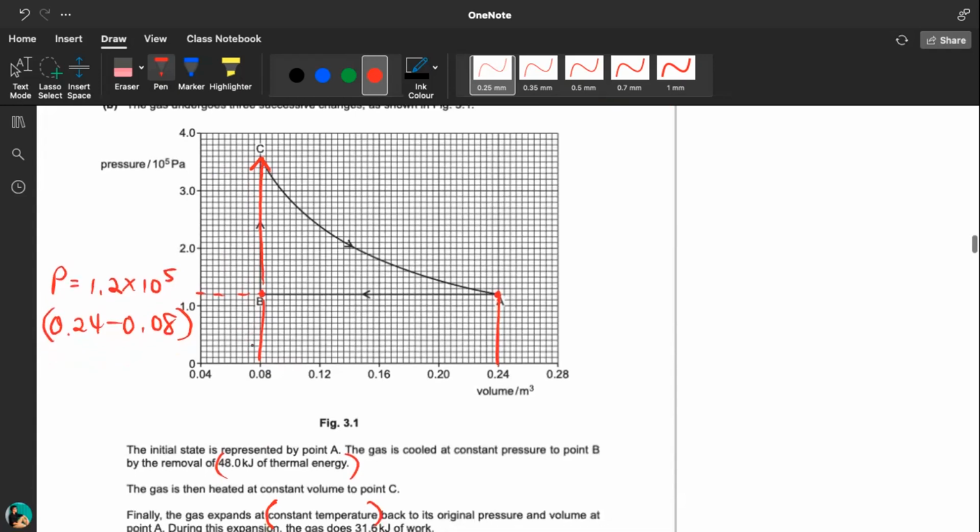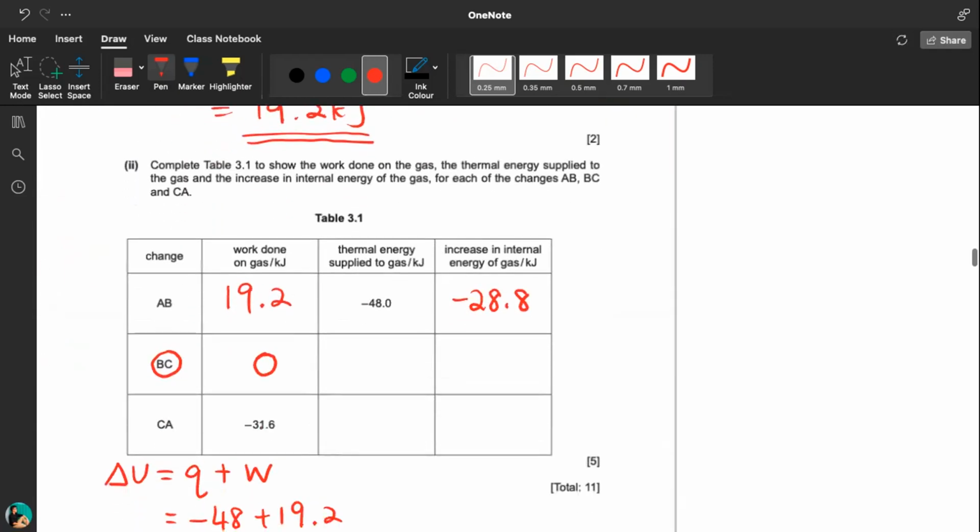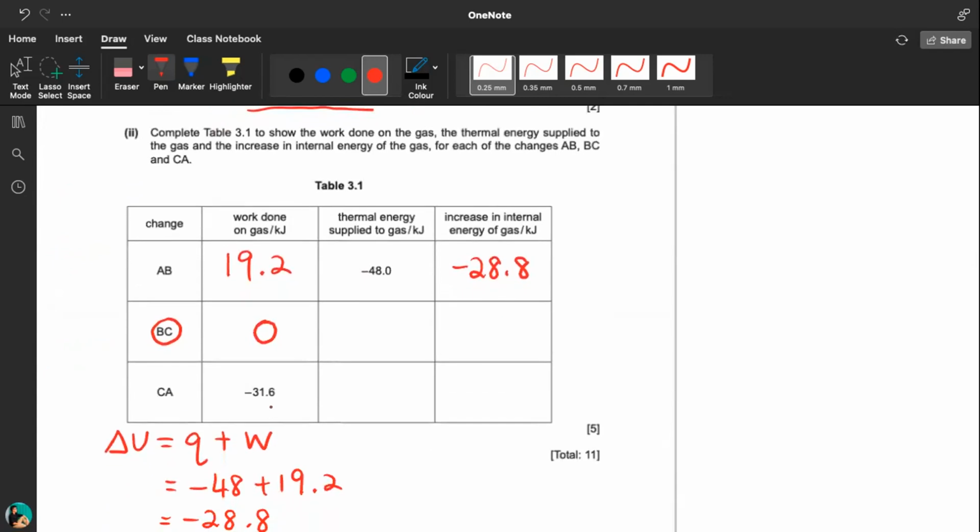Okay, no work done. That means this will be zero. There must be expansion or compression for work to be done. Now, here is a bit tricky one, because thermal energy we don't know, and increase in internal energy, this one also we don't know.